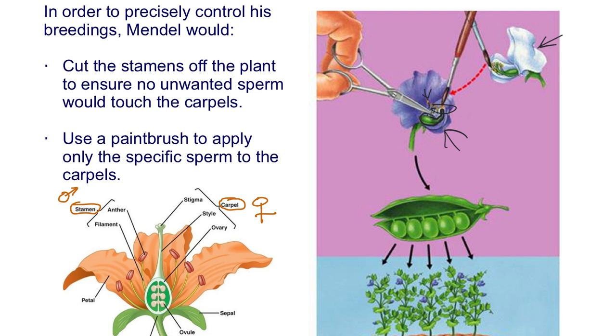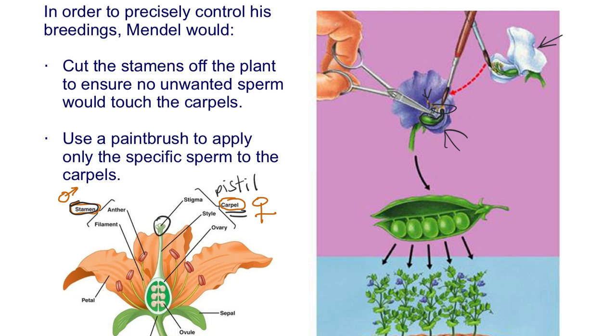Okay, so here's a generic picture of a flower. Stamens, I already said, produce the pollen. They're the male part. The female part, I call the pistil, but they call it the carpel. That's the part that produces the eggs.